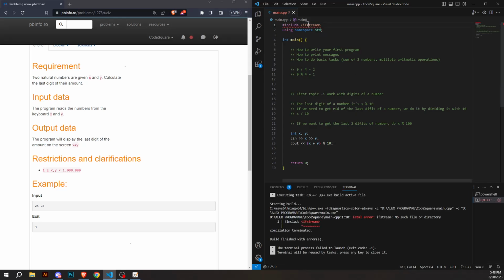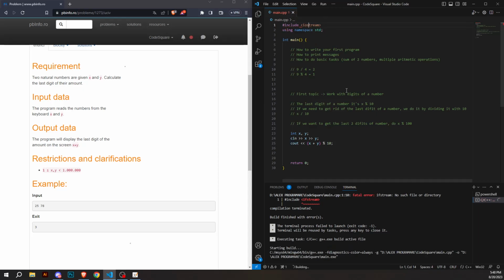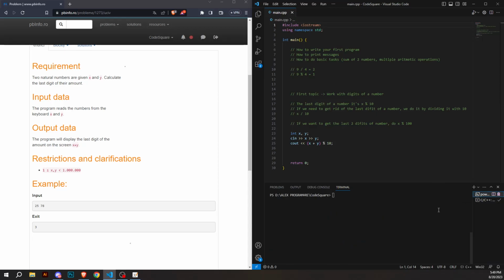Let's build this. One second. Sorry, we had a problem with the library, but now it should be all good. Let's see, 25 and 78. Wow, nice, 3. Why? Because 25 plus 78 is actually what? 3 and 1 in mind, and this is going to be 103.